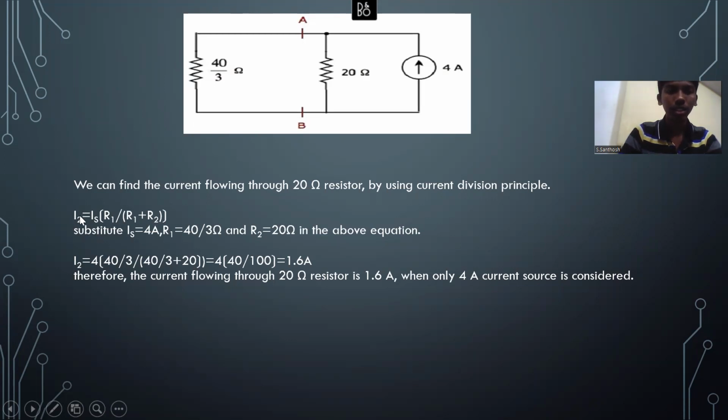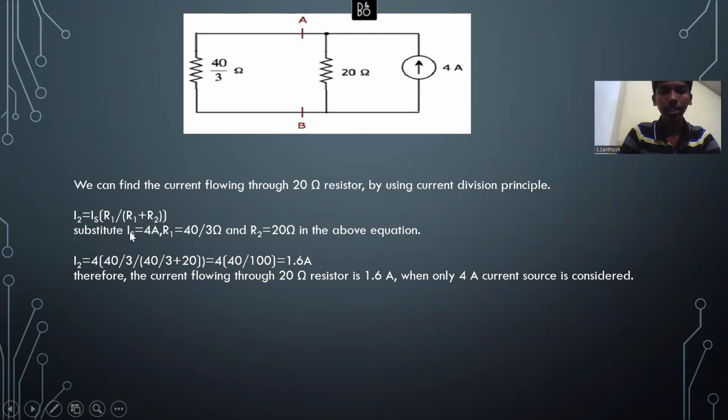So you can see over here, that's I2, the current for case 2, which is equal to the source current into resistor 1. The resistor 1 over here is the 40 by 3 ohm resistor, the one that's been calculated as R equivalent, divided by R1 plus R2. R2 is the 20 ohm resistor for which we want to find the value of current.